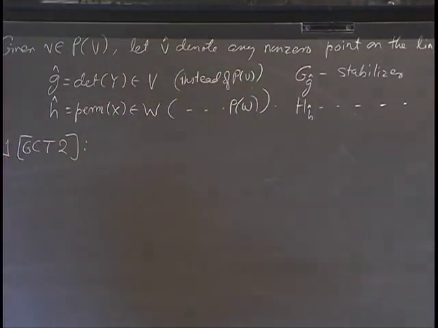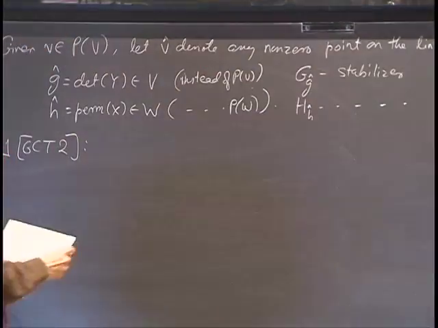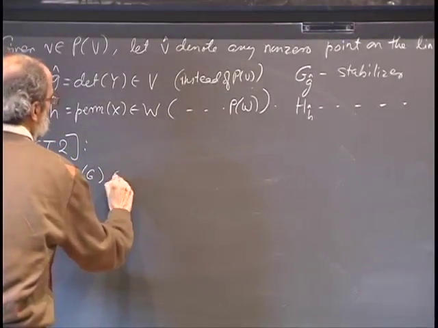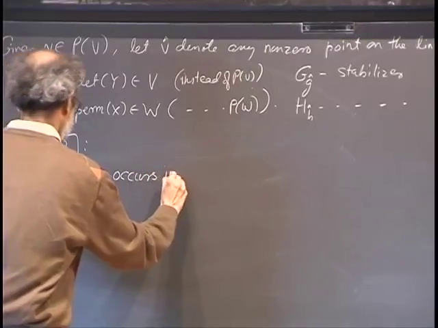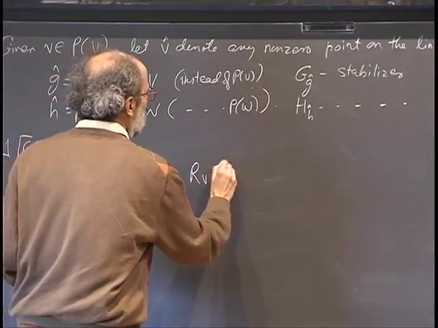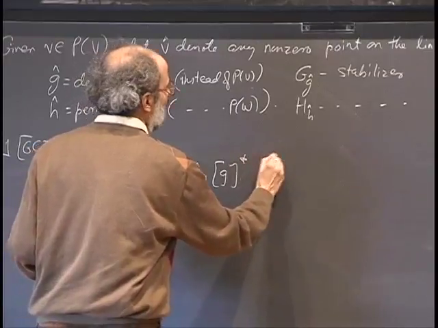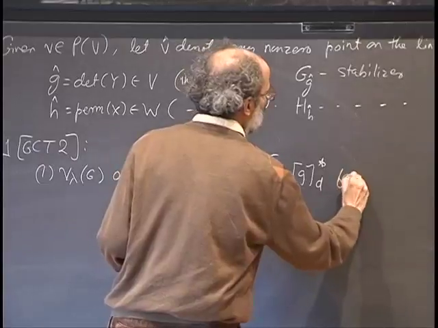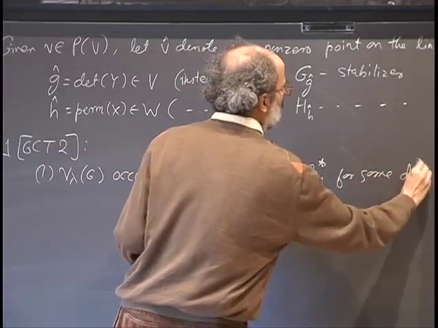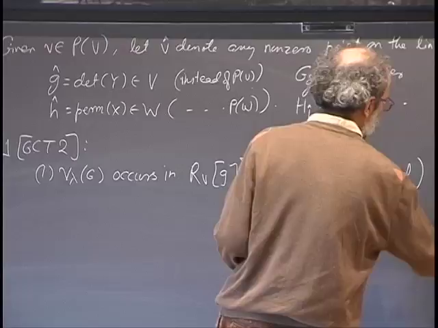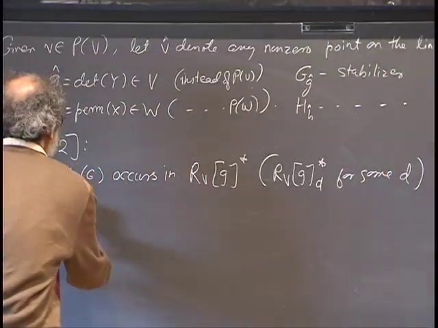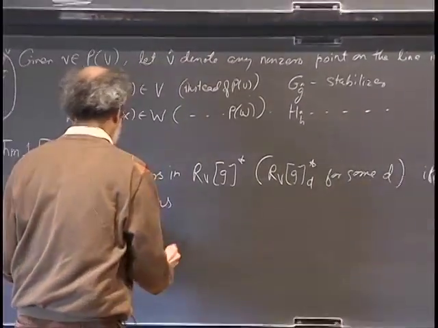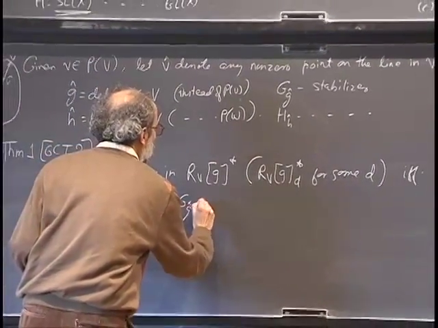GCT2. In the context of those, what it says is that V lambda of G occurs as a sub-representation in R V G star, and by this we mean R V G D star for some D, if and only if V lambda G contains a G hat invariant.